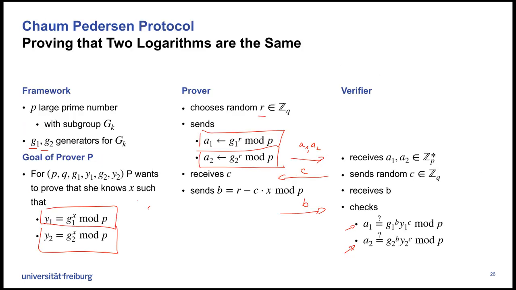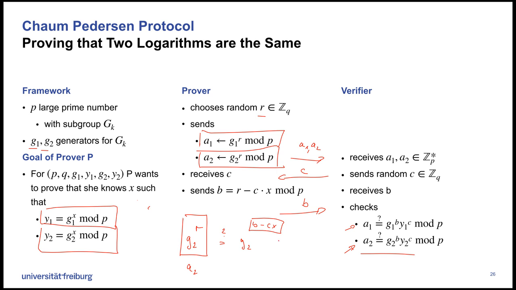What I really don't like in these protocols is this sphere. I don't like it because you don't see anything. So on the left side, we see A2, but A2 is G2 to the power of R. Then I test whether this is equal to G2 to the power of B minus Cx, which is what is in the exponent, multiplied with y2.